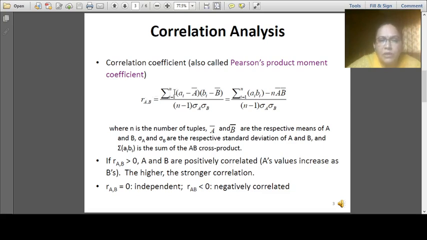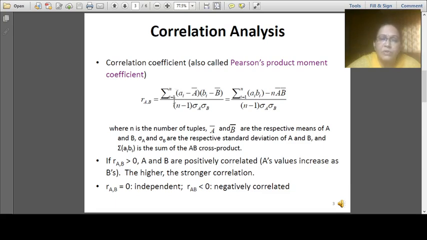So this is the formula. i equals 1 to n, where n is the number of tuples, or the number of rows in a database. a_i is a particular value. Capital A bar means the mean of that particular column. This is the value of the attribute for a particular record, but this is the mean of that particular column. This is again the value of the second attribute. If you consider weight and height, the weight of the first person, the weight of the second person.